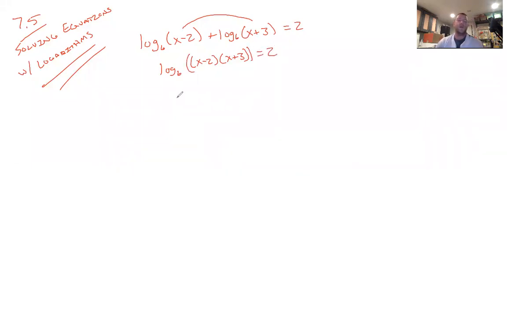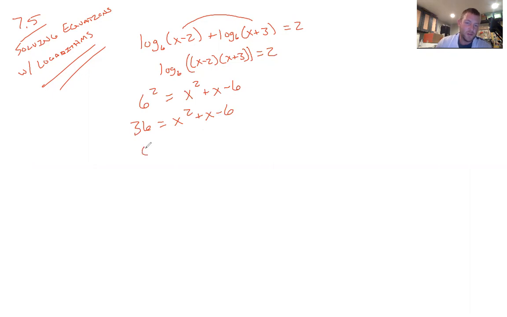Now since there's still variables in there, what I can do is convert this to an exponential. The base is 6, so 6 squared is equal to, and then I can FOIL this out. x times x is x squared, minus 2x plus 3x, which would be positive x, and then minus 6. 6 squared is 36, which is equal to x squared plus x minus 6.